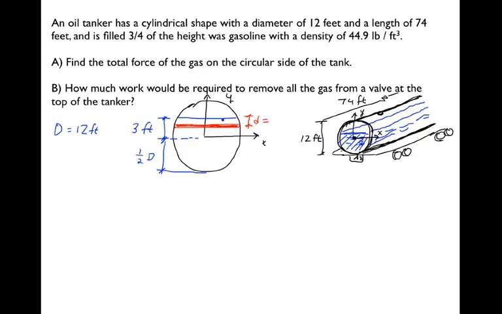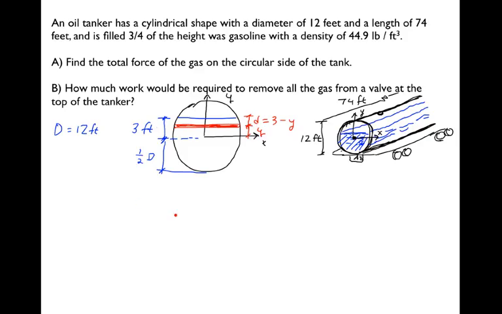Do you see that? So now the depth, this is y up this way, right? Y is this dimension here, and that whole thing is 3. So the depth of the slice is 3 minus y. That's the hard part about this, doing that frame of reference. Does it make sense?